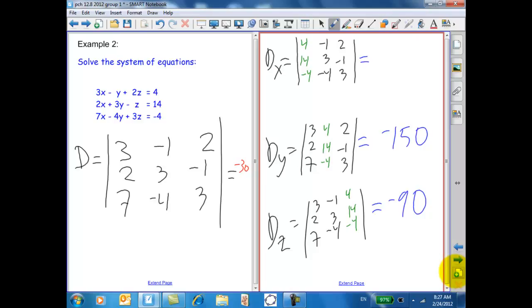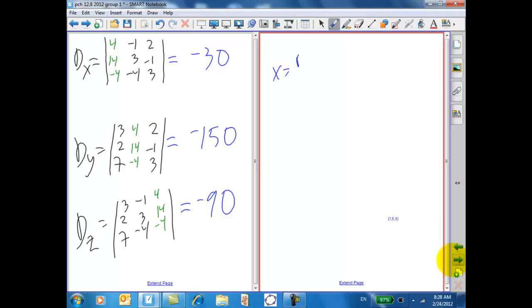You said it wasn't right. It's negative 30. Negative 30. Okay. So now we're ready to go to the next step, and this is where these D people better be right. Right?